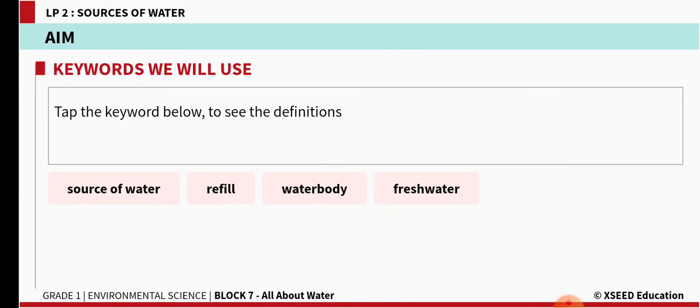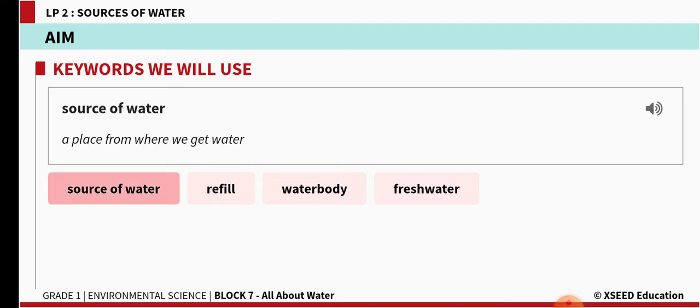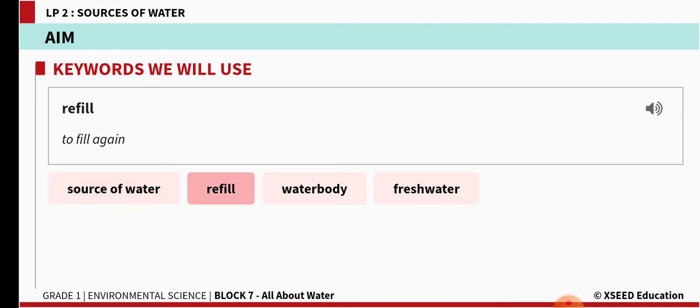We have 4 keywords for today's class, children. Source of water. Source means from where we are getting water, a place from where we get water. Refill: we fill a water bottle again and again. When we fill something again and again, it is called refill. Refill means fill again.